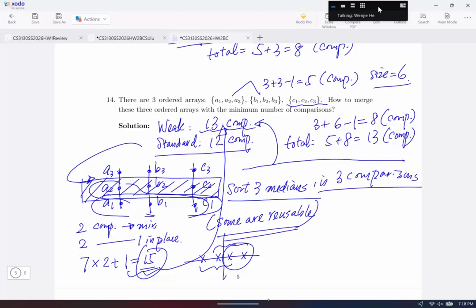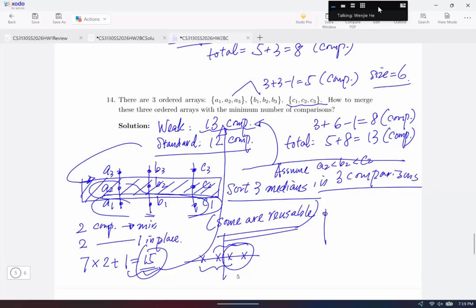After that, let me draw my diagram. Let me just assume A2 less than B2 less than C2.